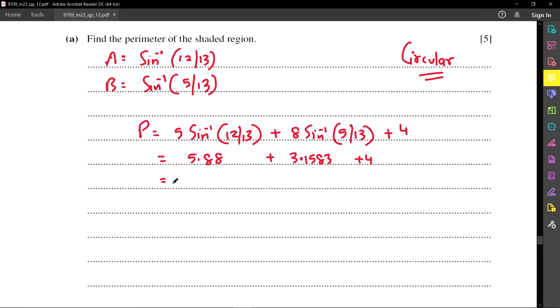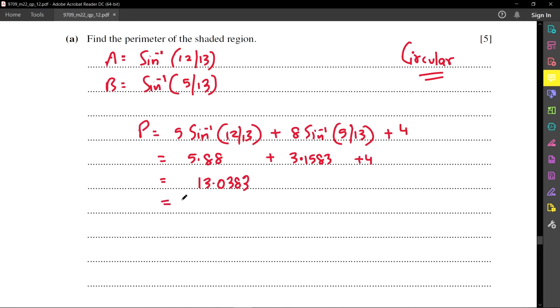So when you add it, let's see how much you get. 5.88 plus 3.1583 plus 4 will give you 13.0383.